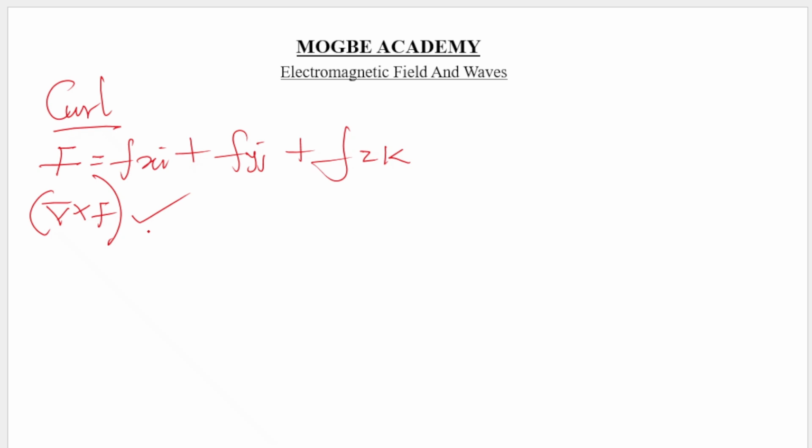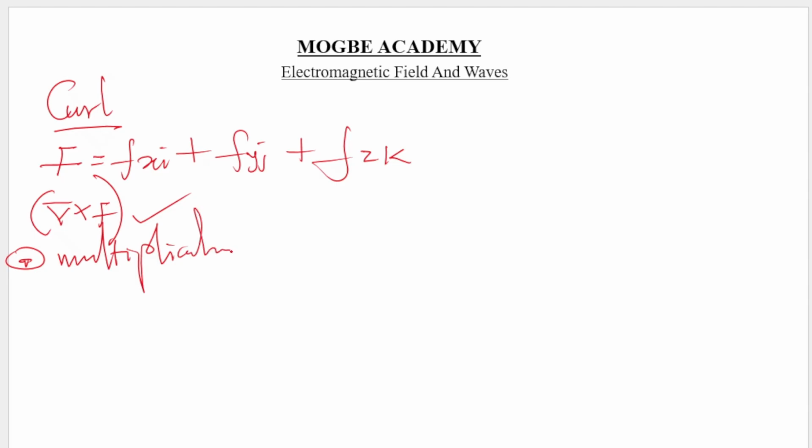Are we together? Now, in solving curl, there are two approaches. The first approach is what we call multiplication by expansion, and that's what we've been doing since we started this course. You can go through our episodes.